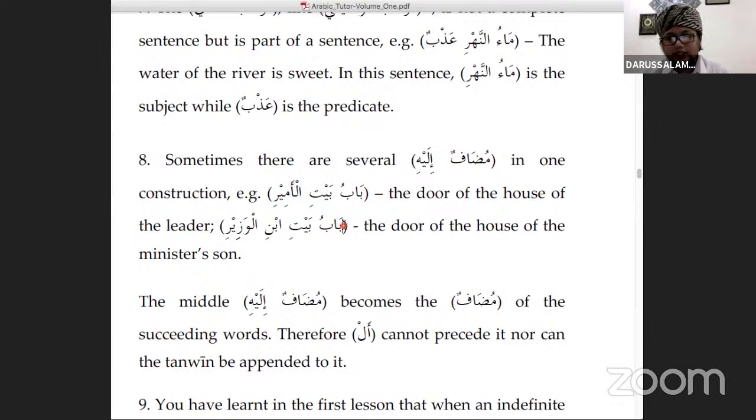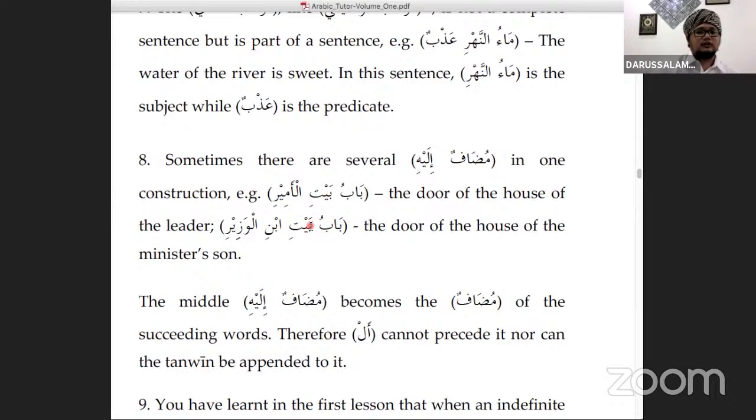Another example, babu baiti ibni al-waziri. Babu baiti first. Try translate that first. Babu baiti, the door of the house. Okay, very good. Translate this bit now.